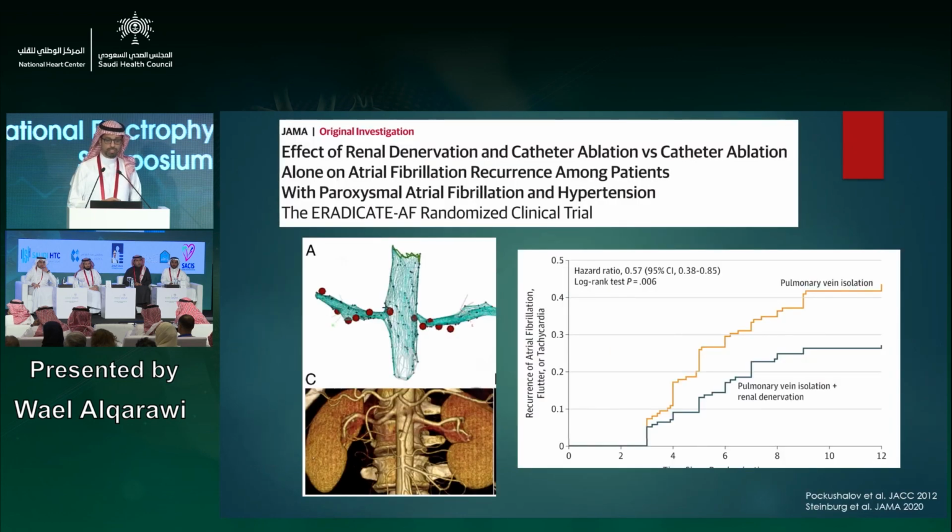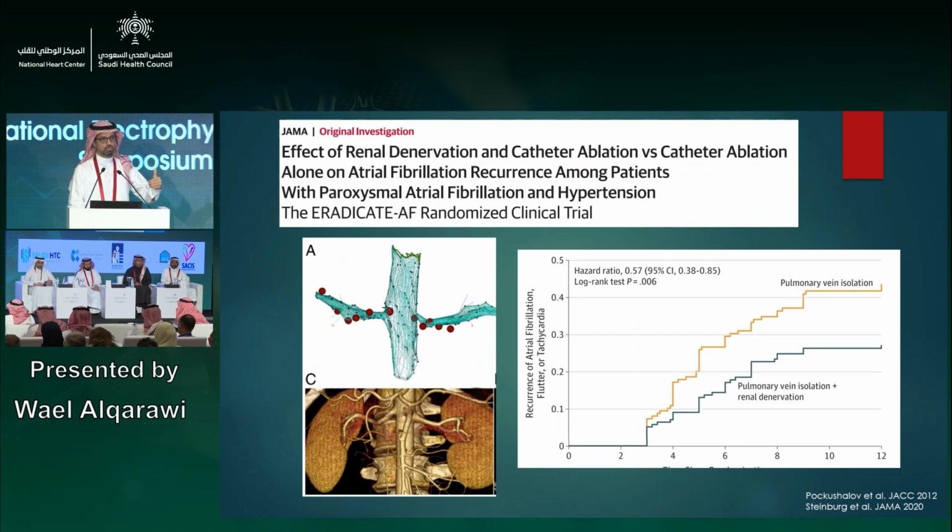So the EnligHTN AF clinical trials tried to actually not only depend on ablating ganglia as we do with PVI, but actually target the autonomic nervous system by doing renal denervation. The way they did it is they used the ablation catheter itself.